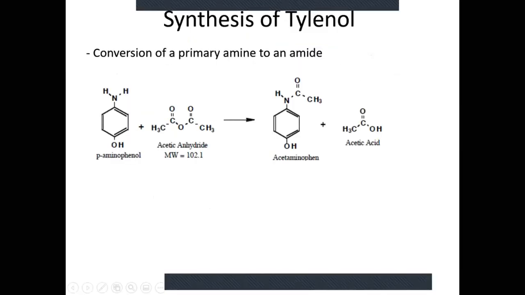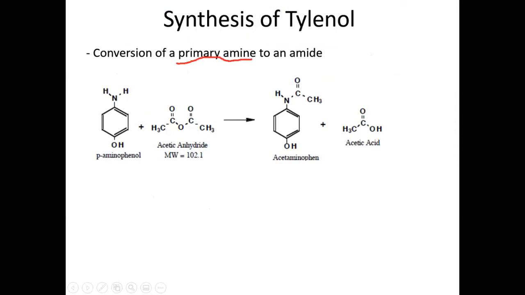So now, how would we synthesize Tylenol? So what we're going to do is we're going to take a primary amine and convert it into an amide. And the primary amine we're going to use is para-aminophenol. We react it with acetic anhydride.